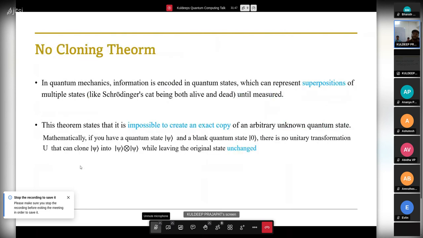Now let's suppose you want to share your information from point A to point B. When you share this information using a classical channel, it can be copied.